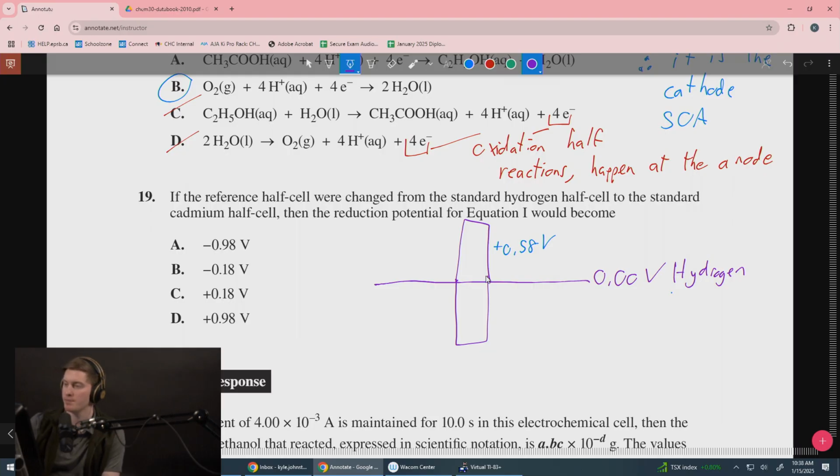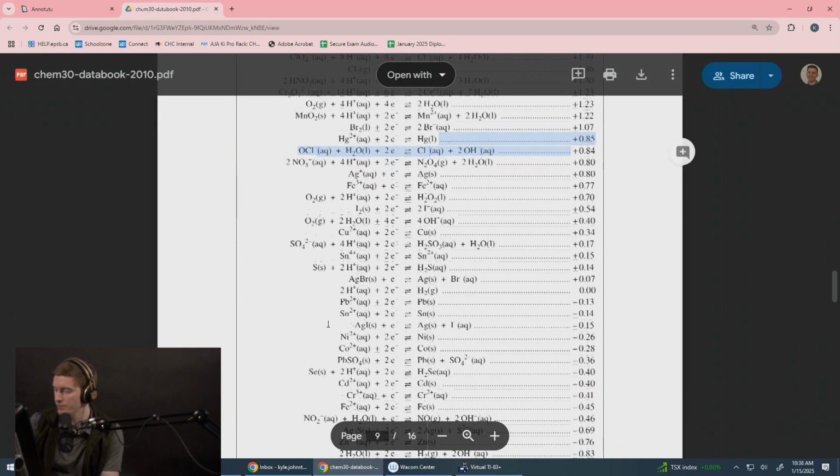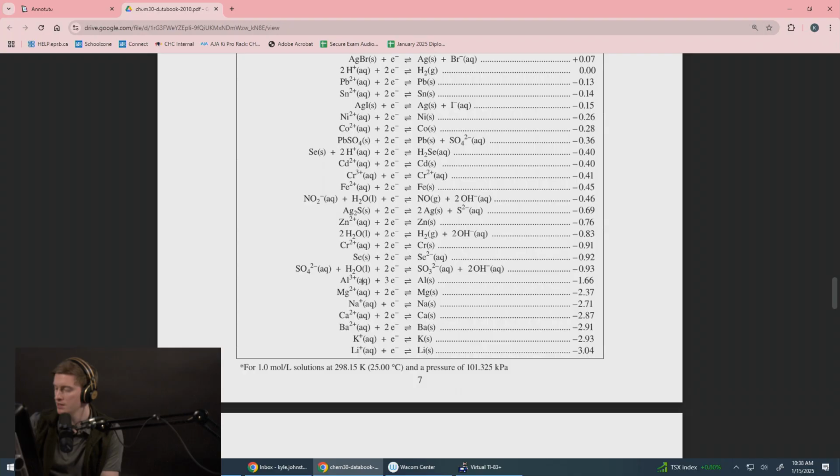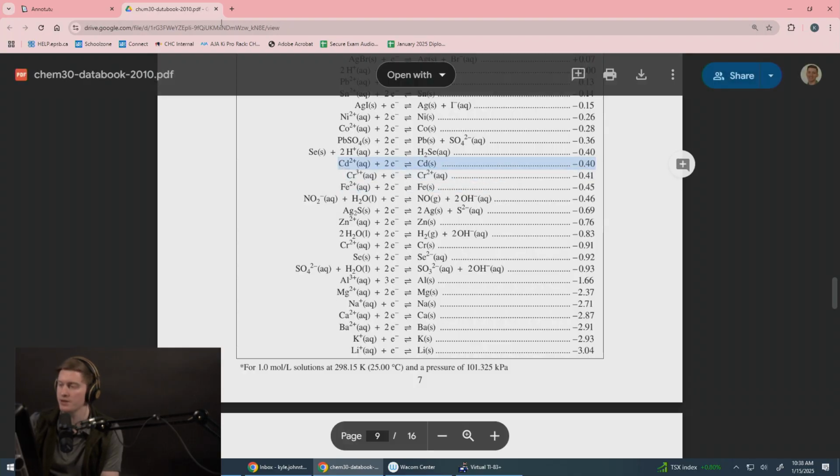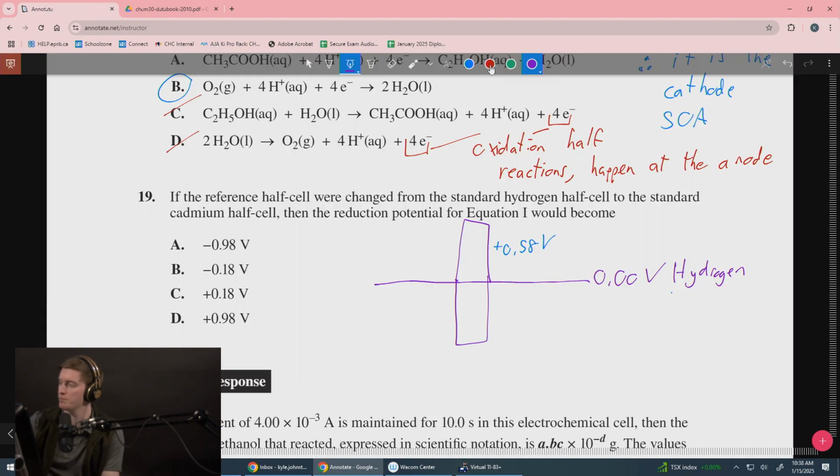And the cadmium half cell from your redox table, if you find it right here, is negative 0.40 volts, so below here. The cadmium one is negative 0.40 volts. But if the ground floor were to shift so that this basement floor is now the ground floor, this would become 0.